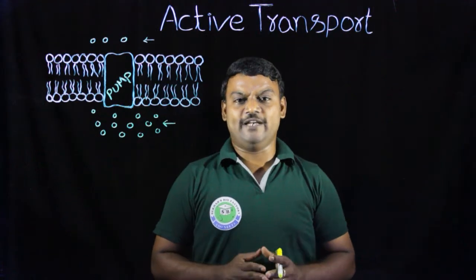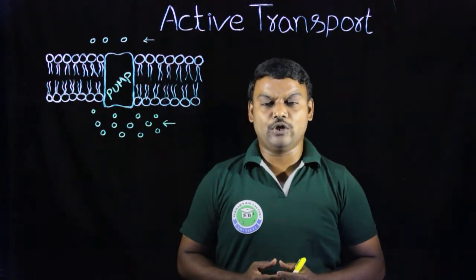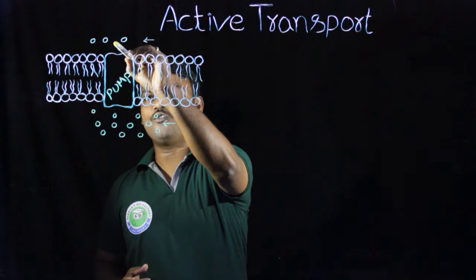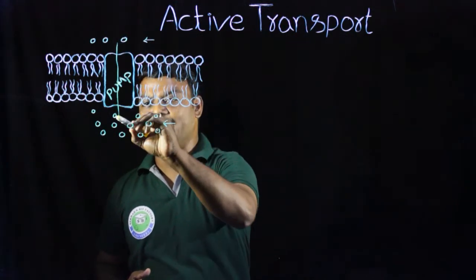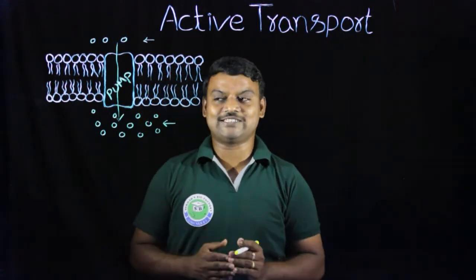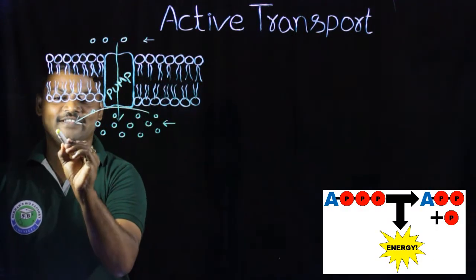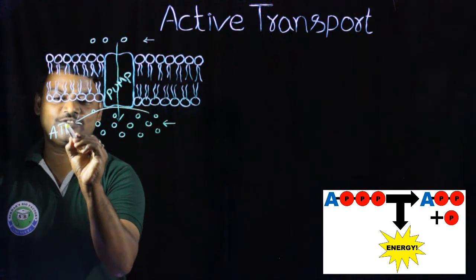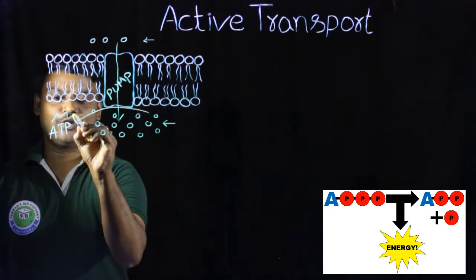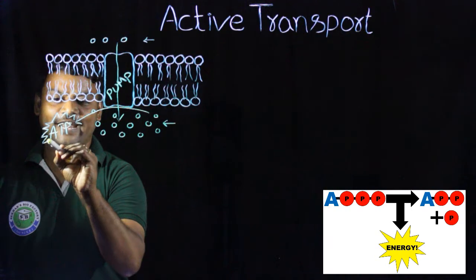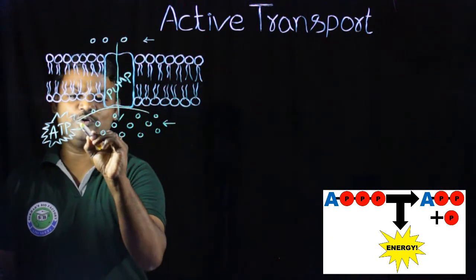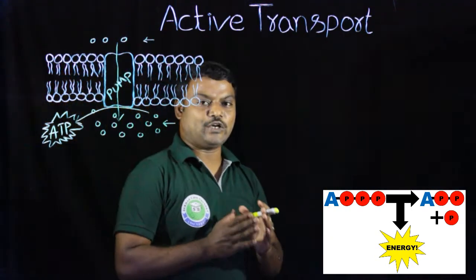When these pump proteins actively pump the molecules from a region of lower concentration to a region of higher concentration, at this time these pump proteins utilize ATP molecules. So ATP molecules are utilized for the transportation of these molecules. Now it is called active transport.